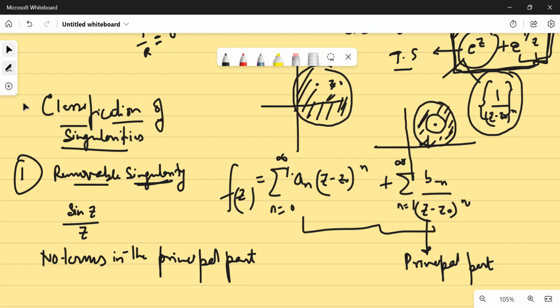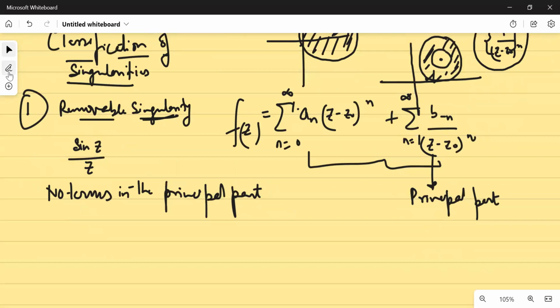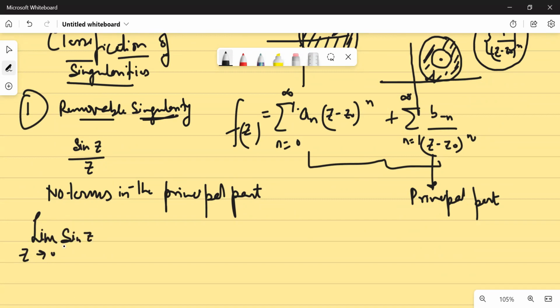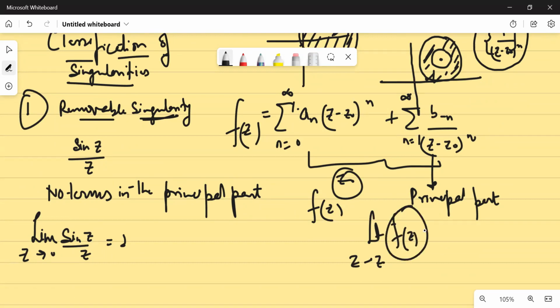We saw earlier also that this is a removable singularity because at z equal to 0, the limit as z tends to 0 of sine z upon z exists. That is equal to 1. So if my function is singular at z equal to z naught and the limit as z tends to z naught of f(z) exists, then I would say that f(z) has a removable singularity at z equal to z naught. Yes or no?